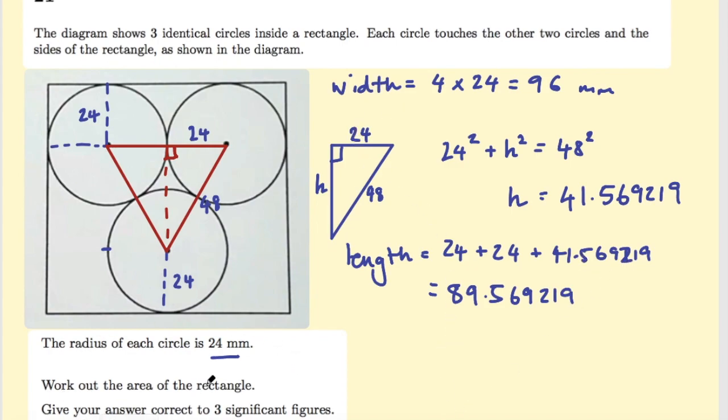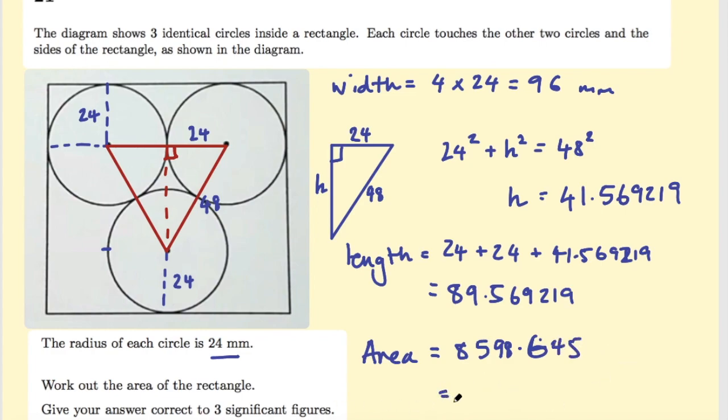Remember, always go back to the question, make sure you're answering the question. So we've got the width and the length of this rectangle, and we need to work out the area. So the area is going to be those two numbers multiplied. So 96 times 89.5692, and if you multiply those two together, you get 8,598.645.